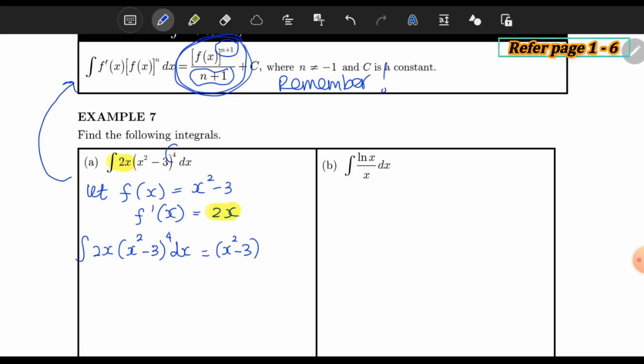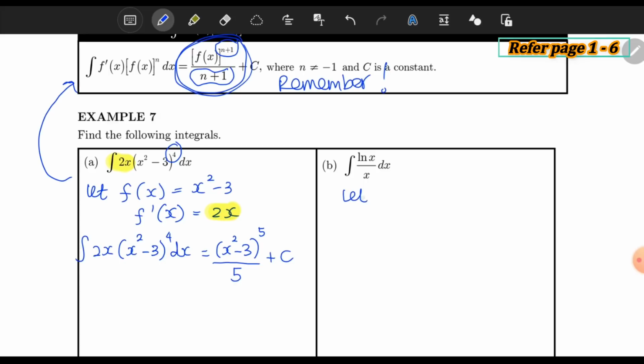For the question, we have power of 4, therefore the answer will be power of 5. Divide by n plus 1, the new power, which is 5, plus c. So we can get the answer by using the rule.